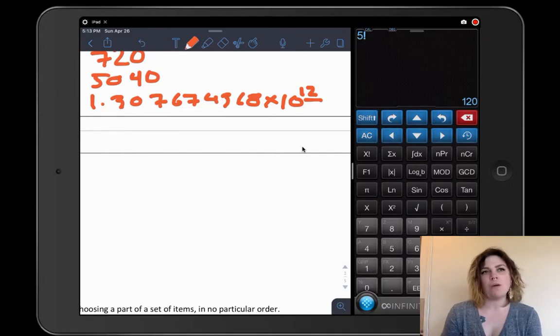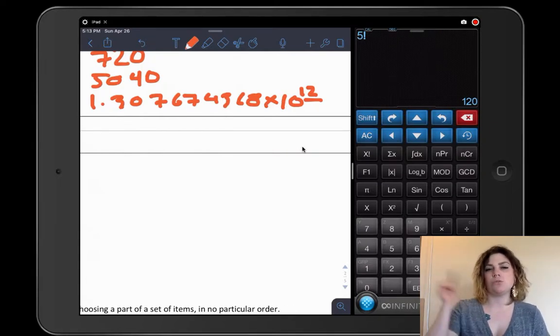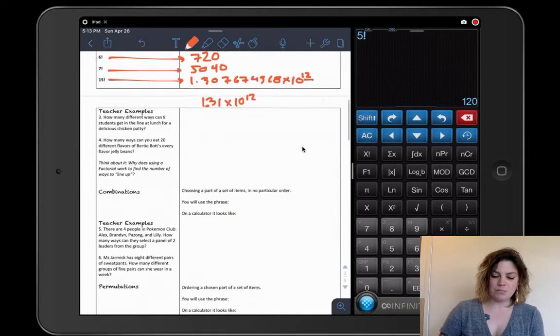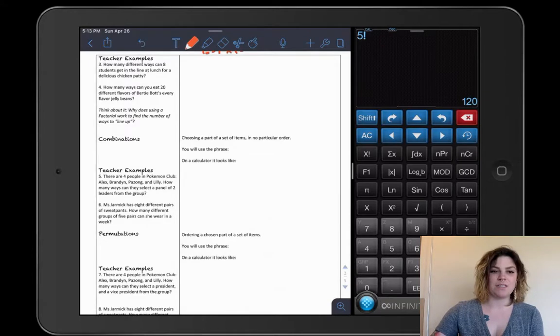So I won't give you any of these ones for the formative or summative because it's too hard with the Schoology quizzes. But for this, you would want to write it 1.31 times 10 to the 12th if you were going to round it the way that I usually would round it. All right, so let's move on and do some of these teacher examples.